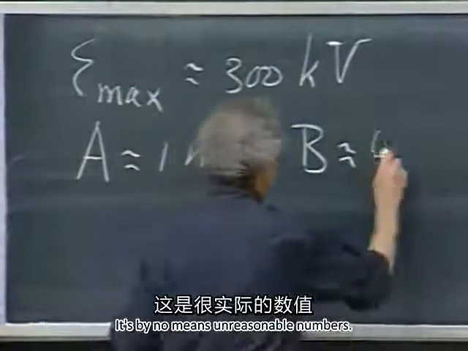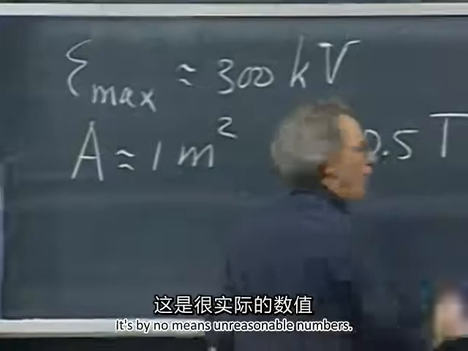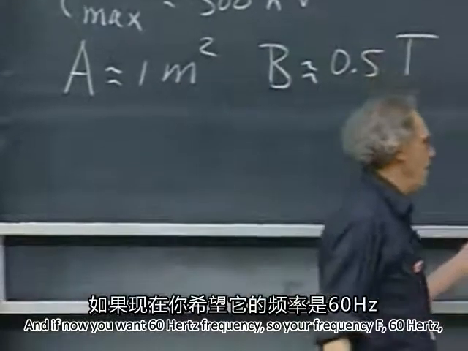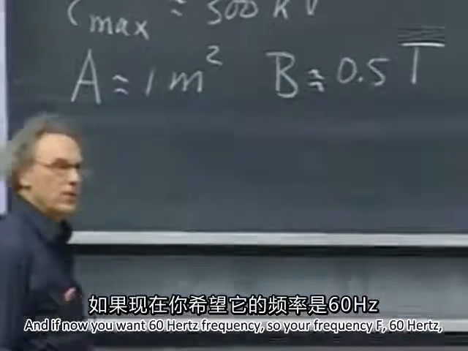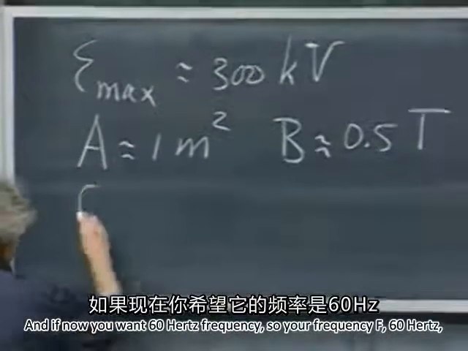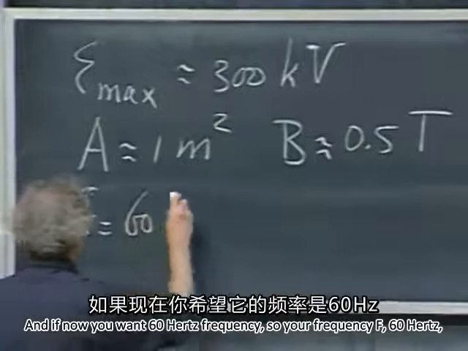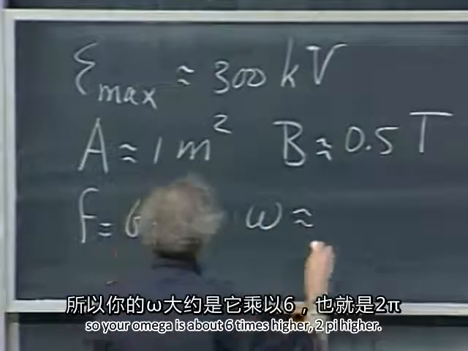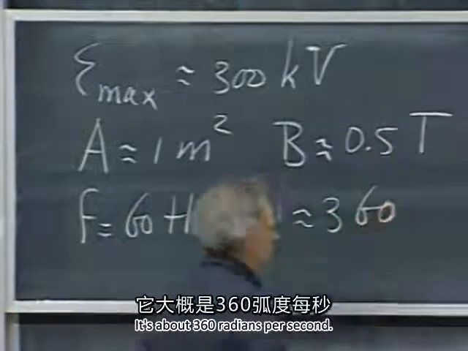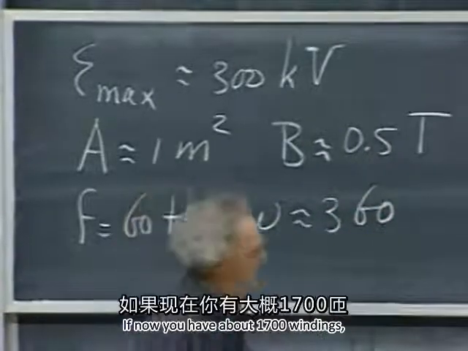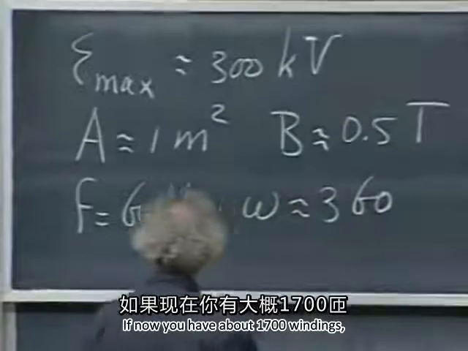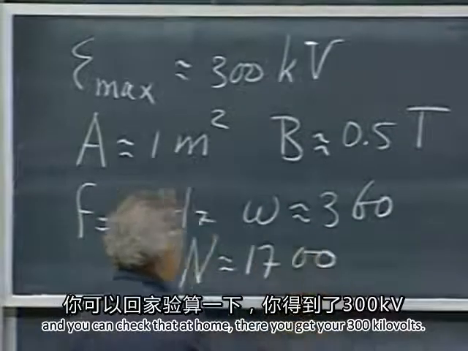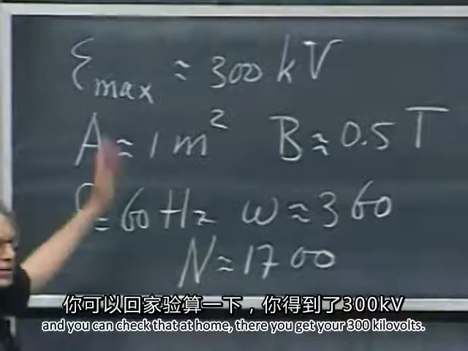It's by no means unreasonable numbers. And if now you want 60 Hertz frequency, so your frequency f is 60 Hertz, so your omega is 2 pi f, about 360 radians per second. If now you have about 1700 windings, and you can check that at home, then you get your 300 kilovolts.